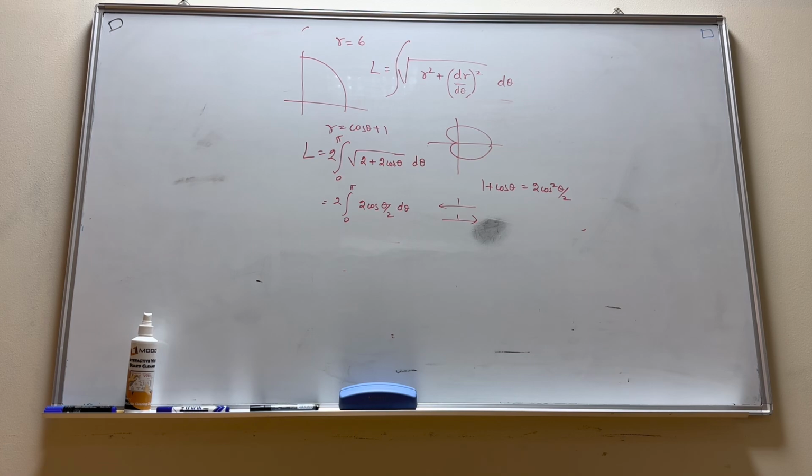Symmetry test. Slope of the curve. Let's do from the beginning. We've done this, correct? That day, we've done this. Yeah, I think so. Find the Cartesian from parametric equations.